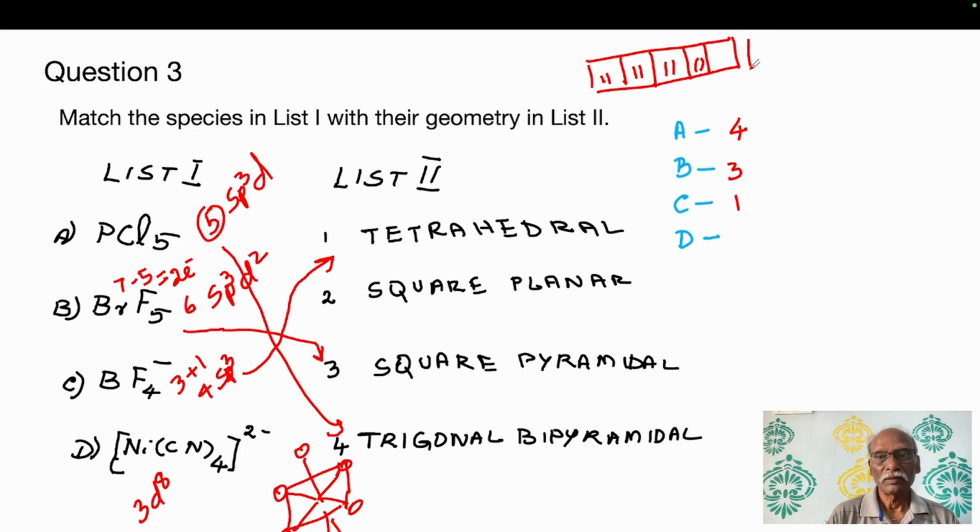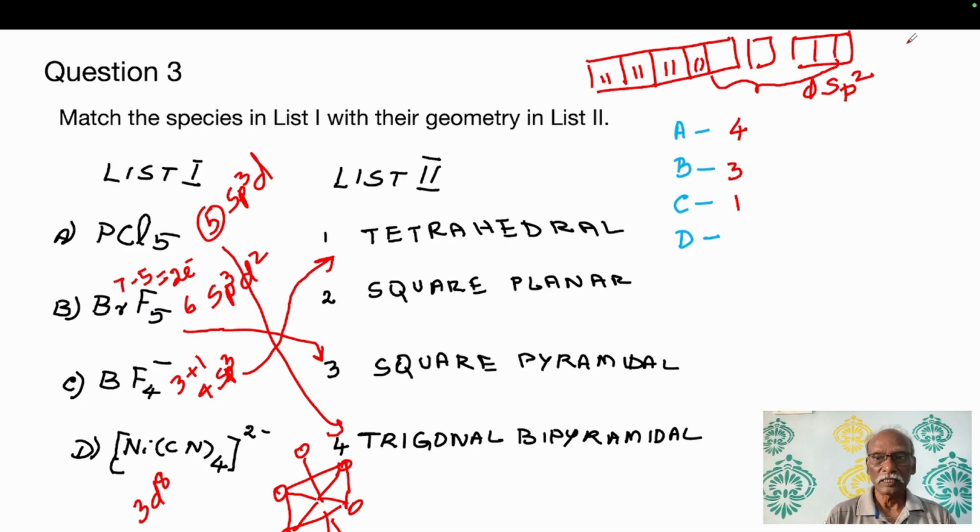And we have 1, 2, 3. It takes up this 1, 2, 3, 4. This is called dsp2. So 1 d orbital, 1 s orbital, 2 p orbitals, altogether dsp2 combination. dsp2 means square planar.